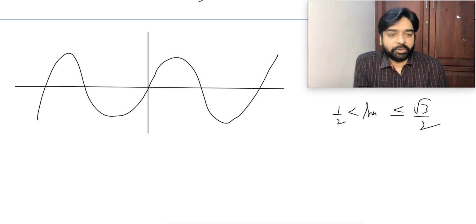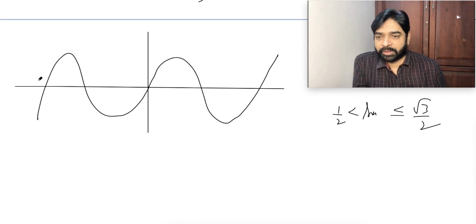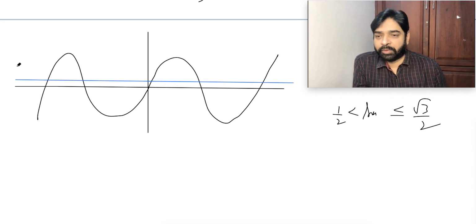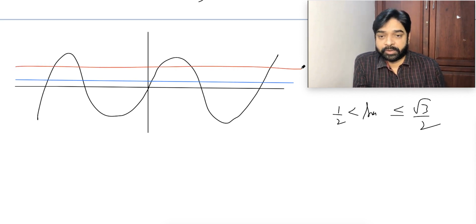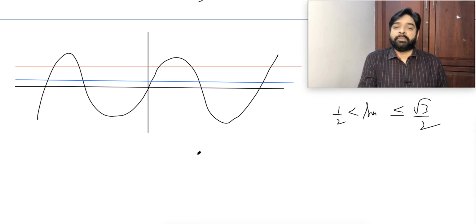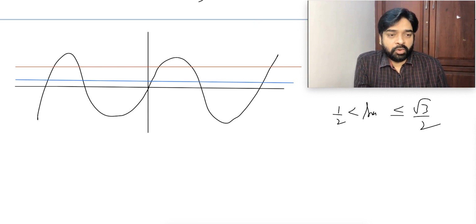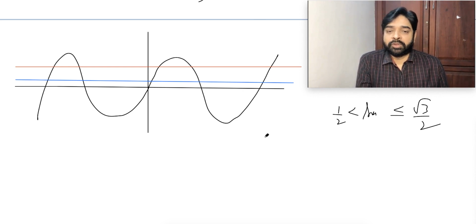So the 1 by 2 graph I am drawing first. This is y equal to 1 by 2, and this is y equal to root 3 by 2. Between this it has to be sandwiched. So now what should we take?